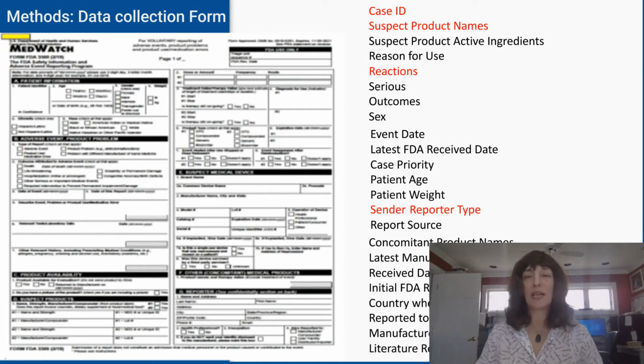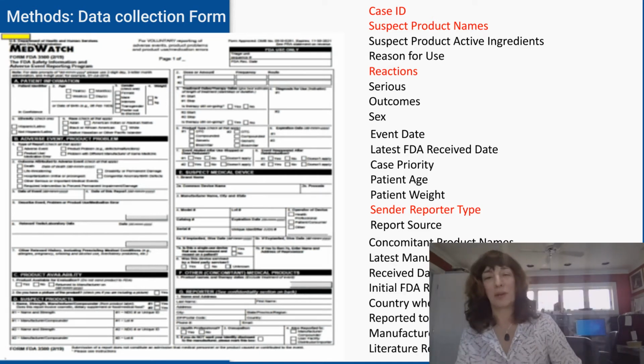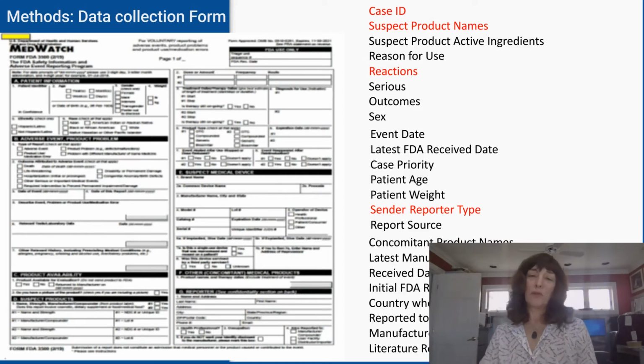So how does the data get into the FDA FAERS database? It's a form called the MedWatch 3500 form. Anyone can download it off the internet, fill it out, and submit it to the FDA, but it requires work, right? It's not just a simple way of getting the data in. You have to know about it, download it, fill it out, and send it back in. Now, it looks like there are a lot of pieces of information collected on this form.